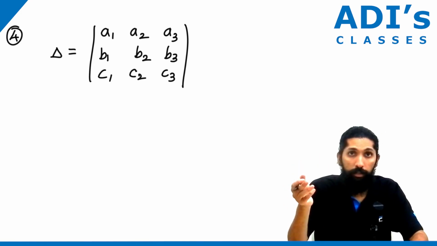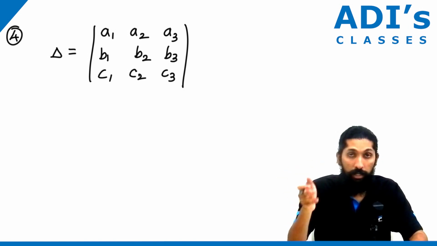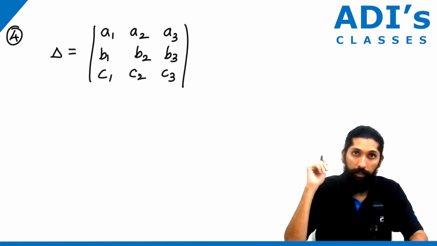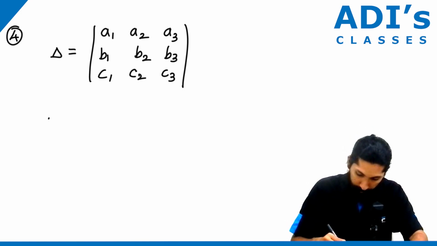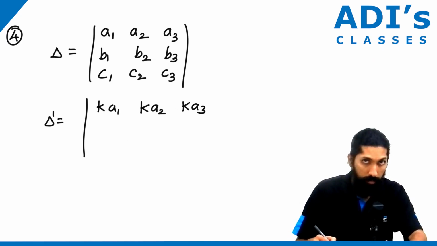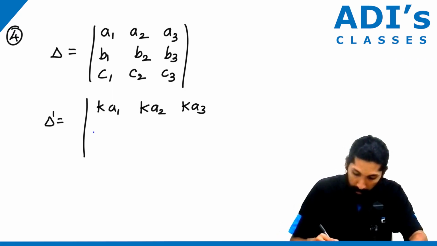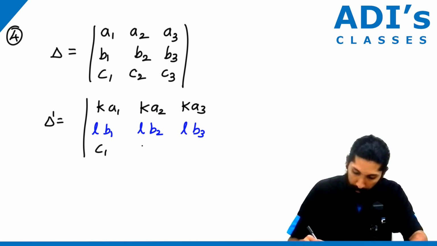Say you have 3, 6, 9 as the elements in the first row. 3 is common and you can take the 3 outside, correct? So suppose you have delta dash with k into A1, k into A2, k into A3, a common factor. Next row, say L into B1, L into B2, L into B3. For the last row, we'll keep it as it is, C1, C2, C3.